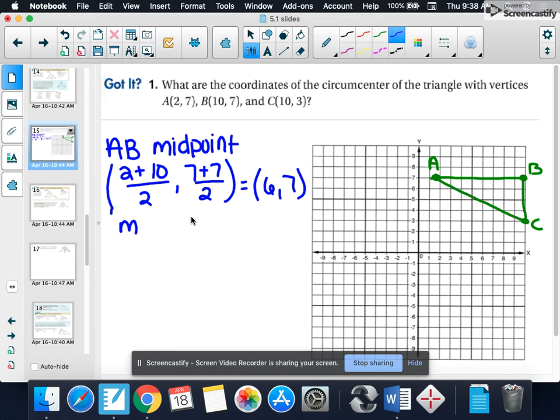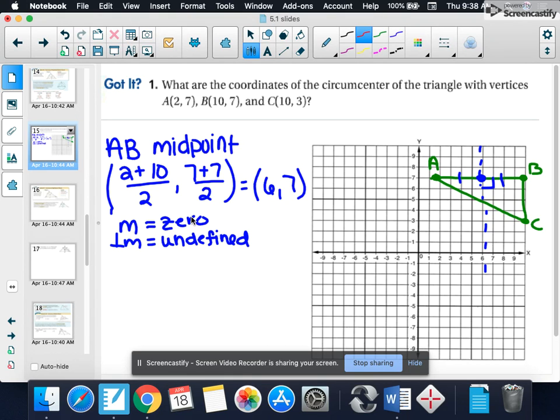Our slope for AB is a horizontal line, so the slope is 0. So the perpendicular slope is going to be undefined, which is a vertical line. We have the point at (6, 7), and that cuts AB in half. If we draw that line through, it makes a right angle there.